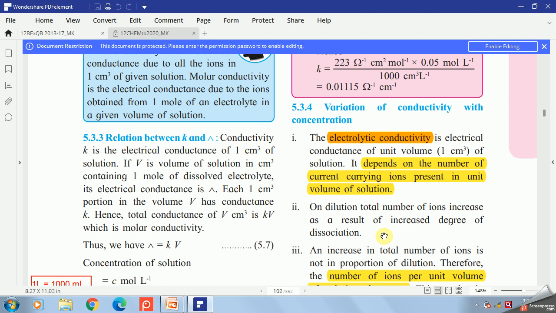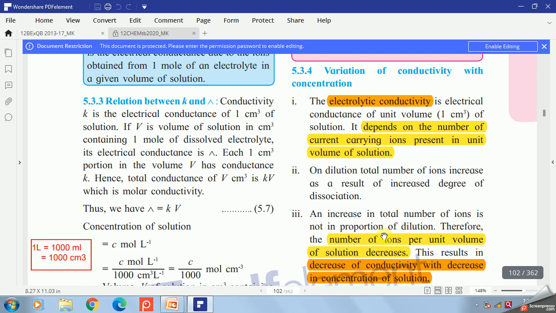It is denoted by alpha, and it is nothing but the fraction of total number of moles of that electrolyte that undergo ionization or dissociation. Then the increase in total number of ions is not in proportion of dilution.